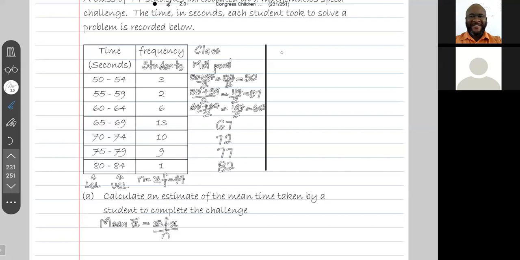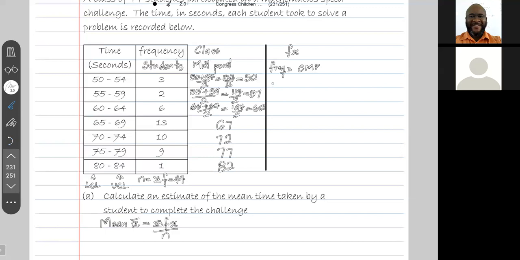Now, next I need fx. Now, fx stands for frequency times class midpoint. Let me just put CMP, class midpoint.